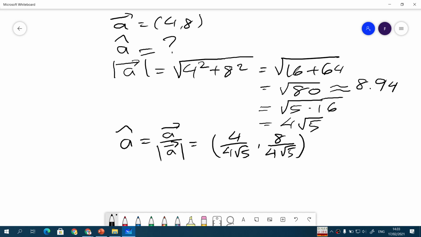Or if you want, you can also use your calculator: 4 divided by 8.94, and 8 divided by 8.94 as well.